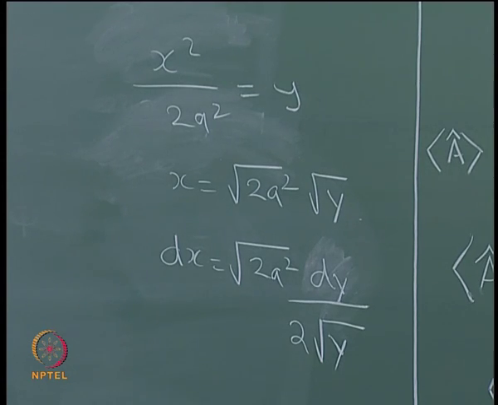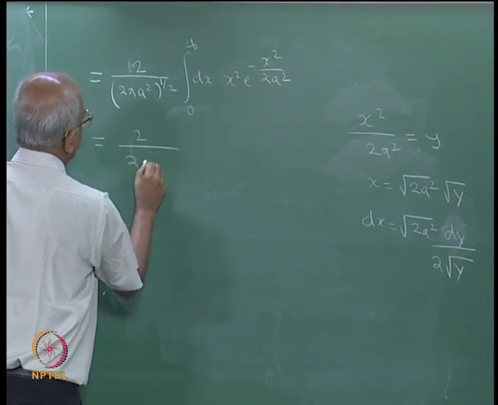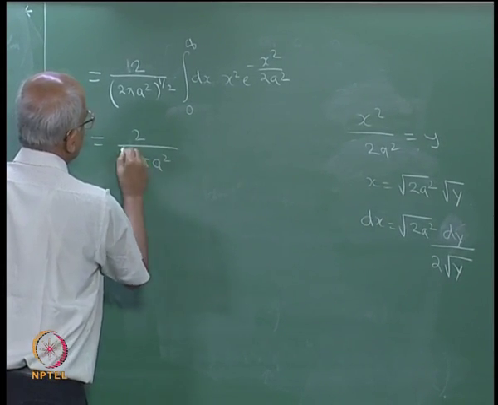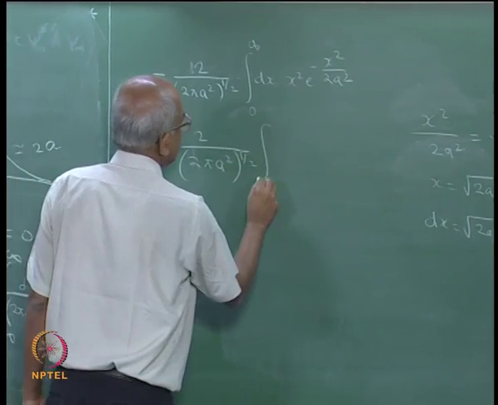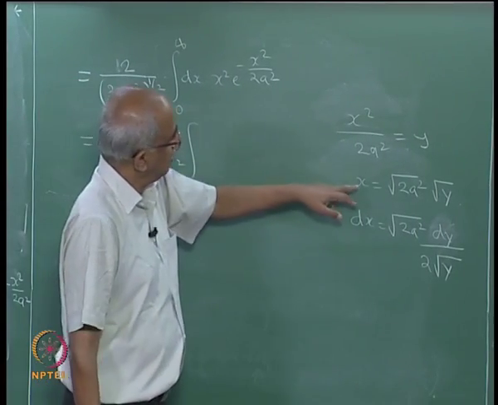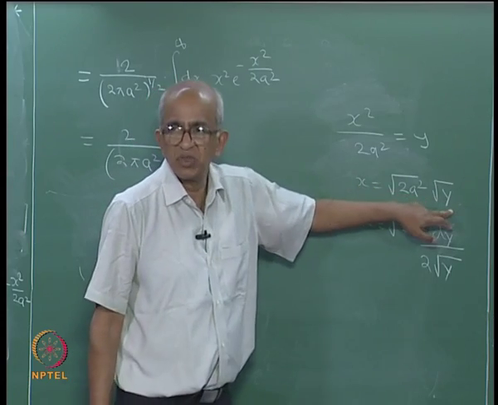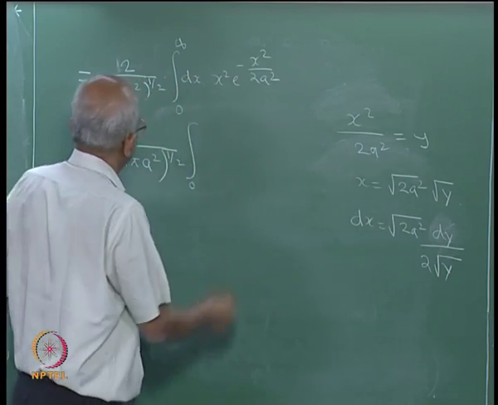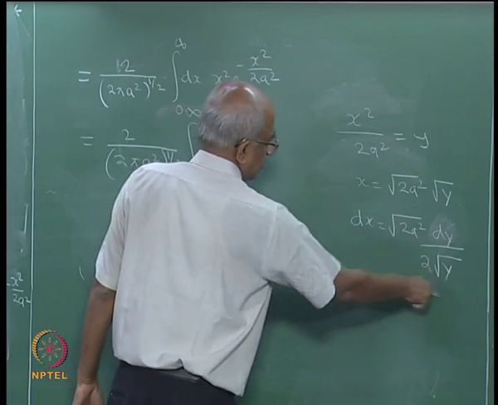So, let me do this integral: 2 divided by 2 pi a square to the power of 1 by 2, integral 0 to, well, when x is 0, y has to be 0, when x is infinity, y has to be infinity. So, therefore, the limits are still from 0 to infinity. Dx is equal to so much.